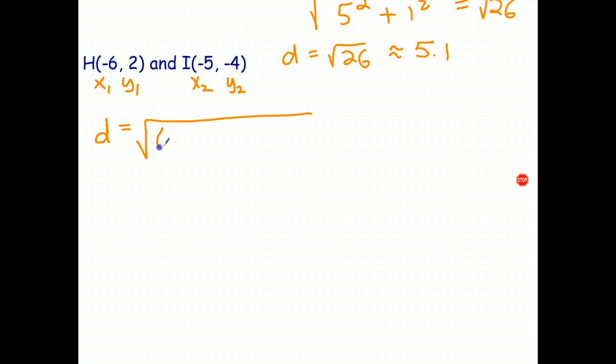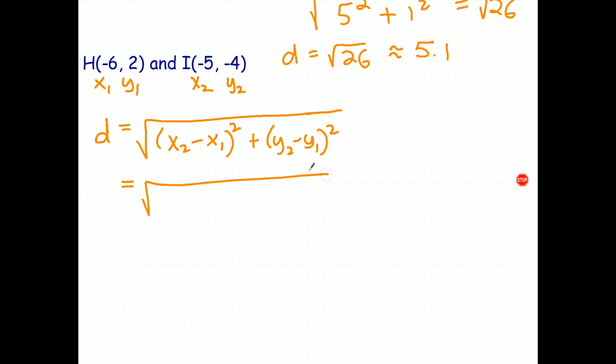Square root of x sub 2 take x sub 1 all squared plus y sub 2 take y sub 1 all squared. Next step, substitute. In place of x2, I'm going to write -5. In place of x1, I'm going to write -6.